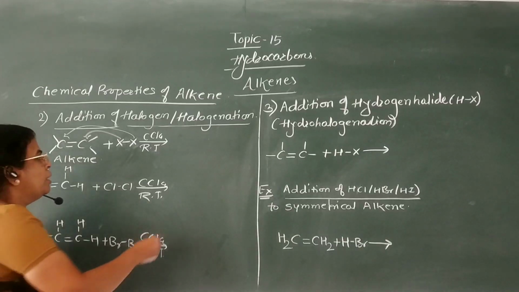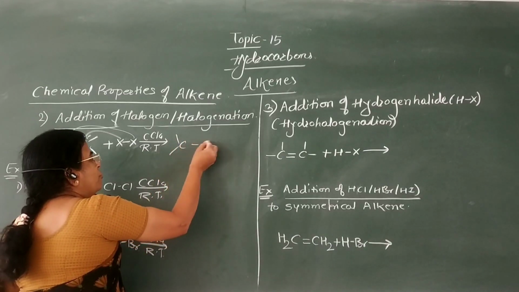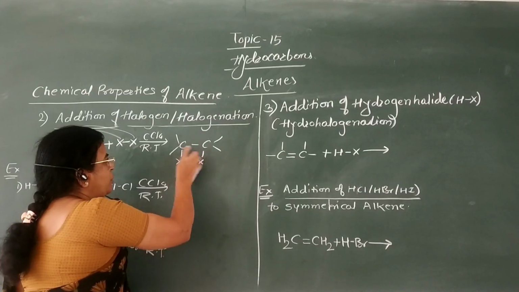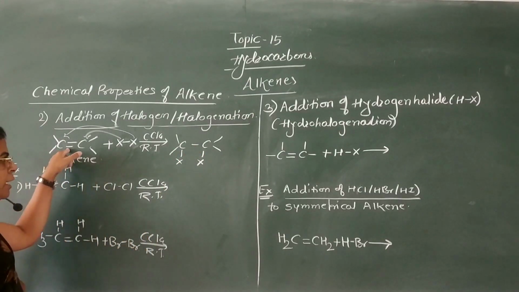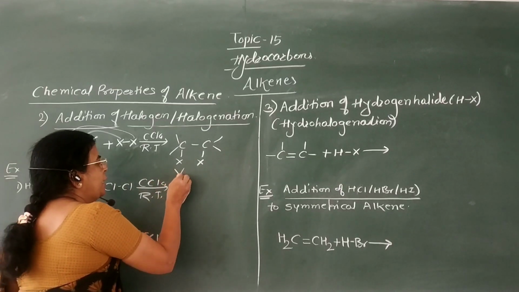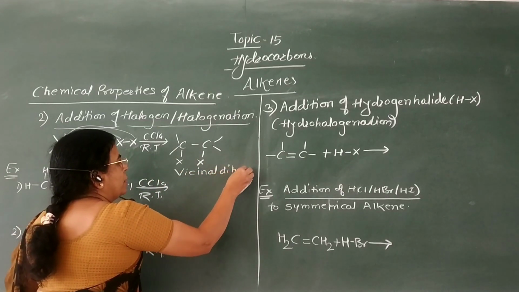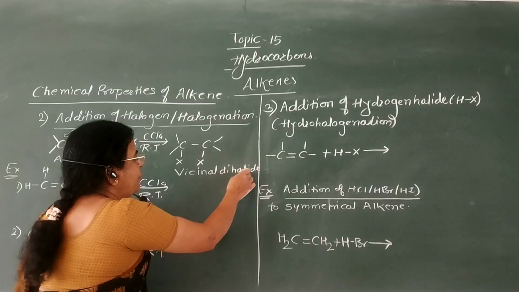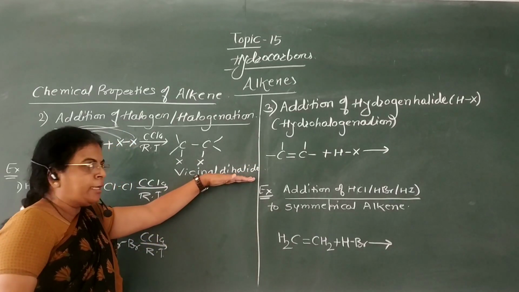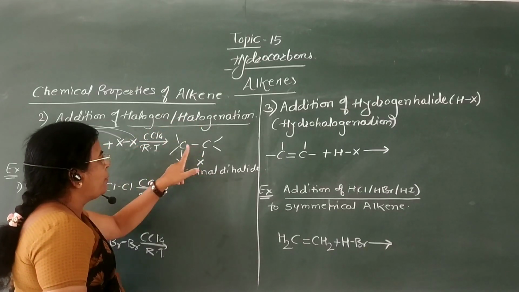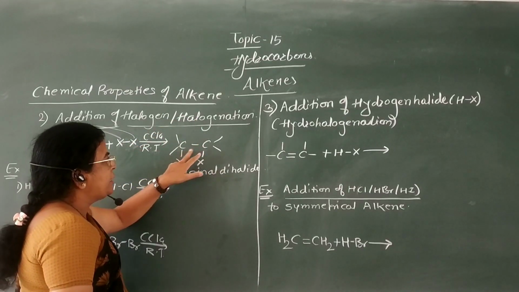to form vicinal dihalide. Dihalide means there are two halogen atoms, and vicinal means these two halogen atoms are present on adjacent carbon atoms.